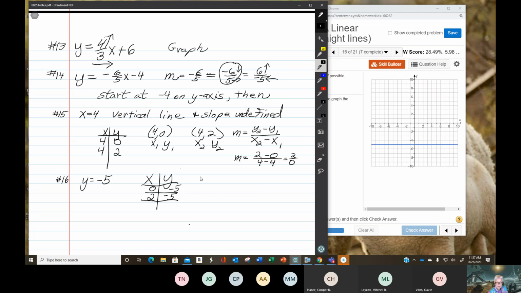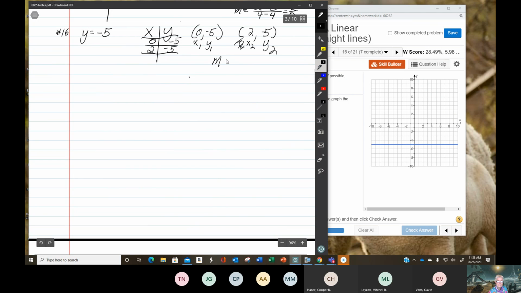Okay, so we're going to let (0, -5) be x1, y1, and (2, -5) be x2, y2, and m equals y2 minus y1 over x2 minus x1.